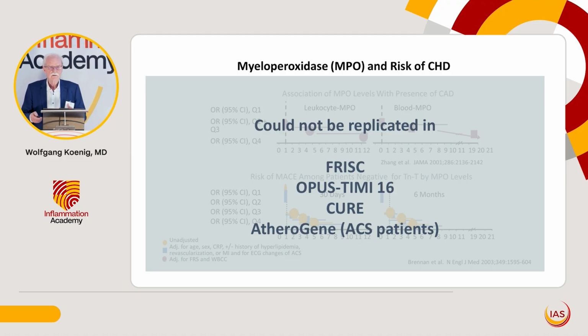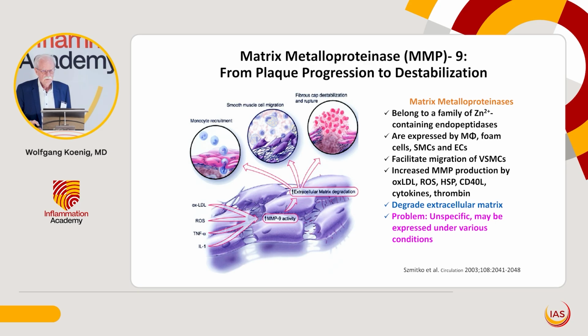However, and this is a problem with some of these markers, the methodology is not solid enough. So in some of these studies, sometimes it also depends on the size, the results could not be replicated. In this case, this was the case for RISK, OPUS-TIMI, the CURE study, and AtheroGene.